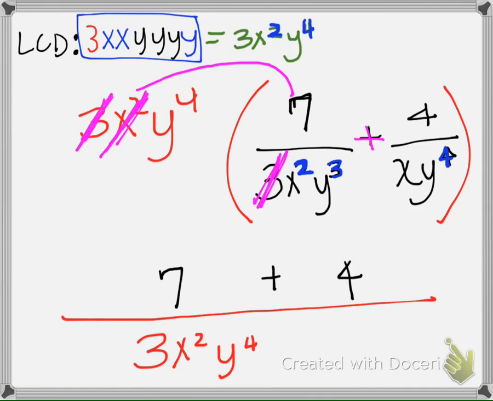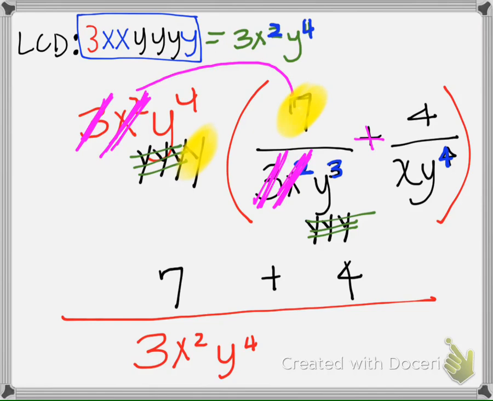This x squared will cancel out with this x squared. But what we have here is we're going to have 3 here, and we're going to have 4 here. So those 3 are going to cancel out with those 3, but there's going to be 1 left. And that y needs to be multiplied to that 7 there. So we're going to put a y here with the 7. It needs to be multiplied by it.